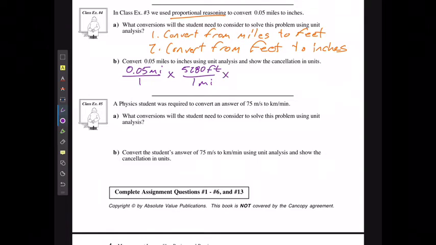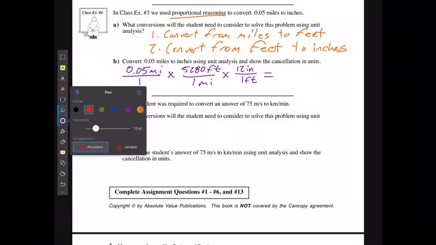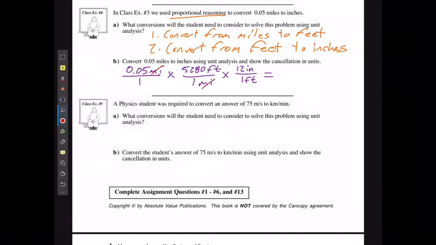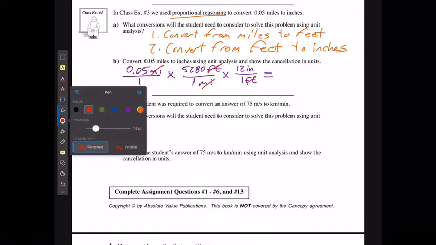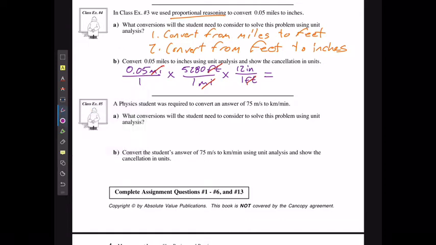And then I'm going to go from these feet to, there's 12 inches in every foot. Miles cancels out miles, feet cancels out feet, and then I'm just left in inches. And I get 3,168 inches.